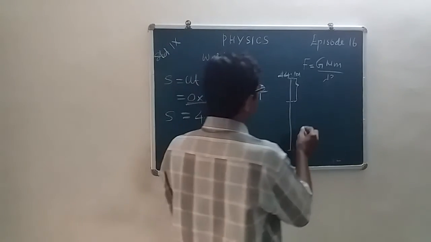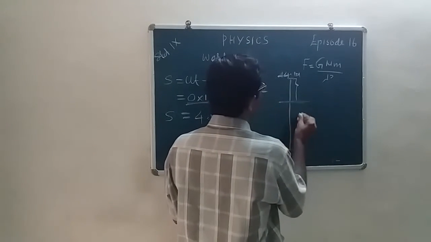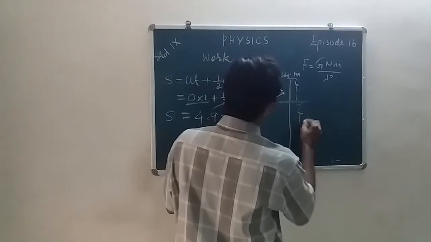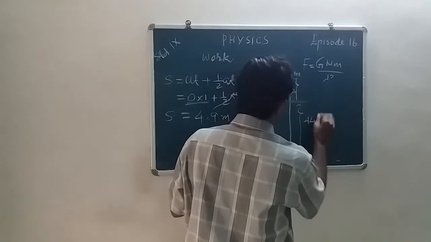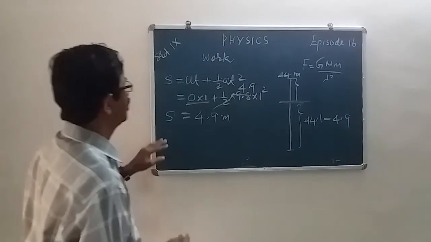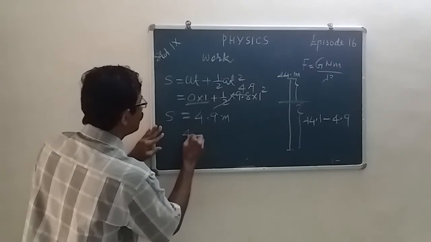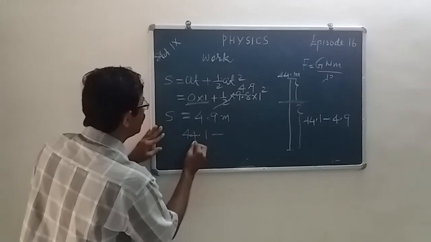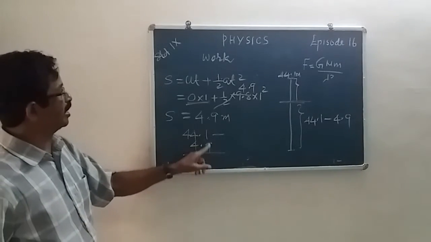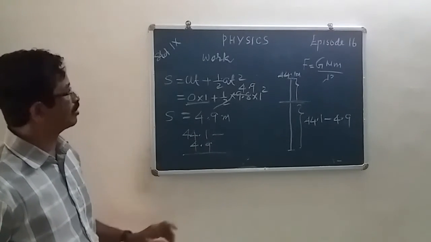So the height from here to here is how much? 44.1 minus 4.9. How much will it be? 44.1 minus 4.9. We can't take 9 from 1, so we borrow from this.